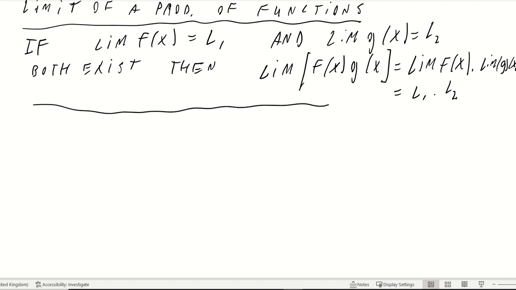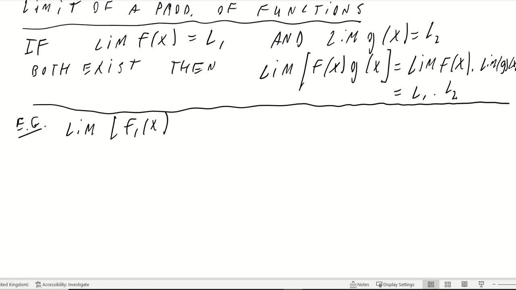So that's the theorem in relation to the limit of the product of two functions. An application of this is if we consider the limit of a product of many functions: f1 of x by f2 of x, and there are many of these, all the way up to n functions.